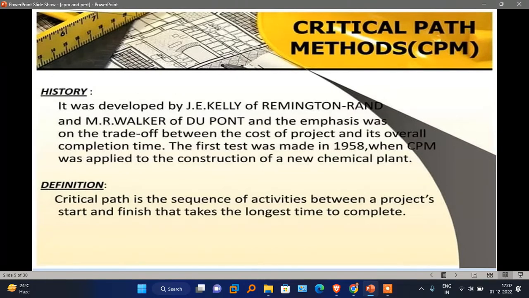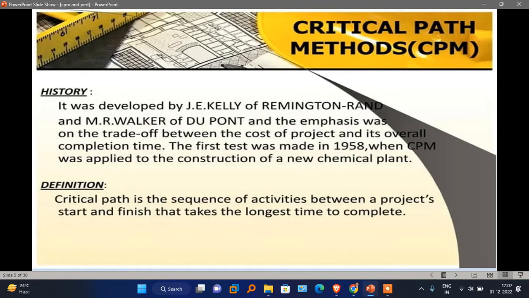Now, the critical path method. As you can see, it was developed by Mr. Kelly of Remington and Mr. Walker of DuPont, and the emphasis was on the trade-off between the cost of the project and its overall completion time.